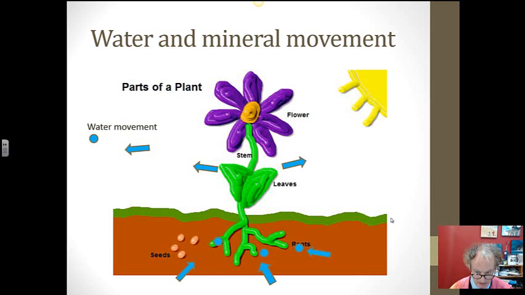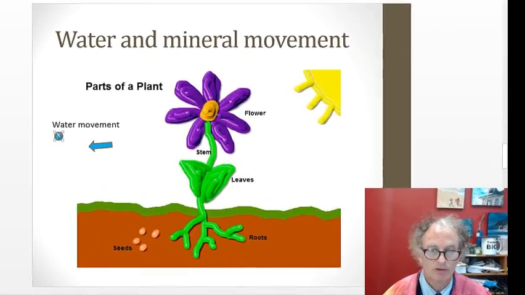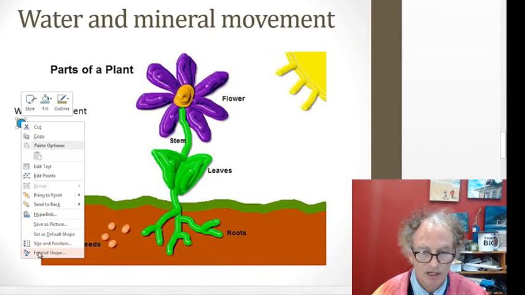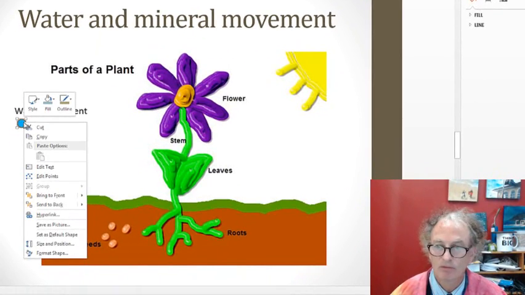Let's see if we can show you how to do this. I'm going to move to the next slide and actually animate this slide. You'll notice that I've already inserted for you some arrows and some water molecules. Let's change the water molecule here because we're going to say it represents minerals. So I'll right click on it and change the colour to indicate that it's going to be minerals.